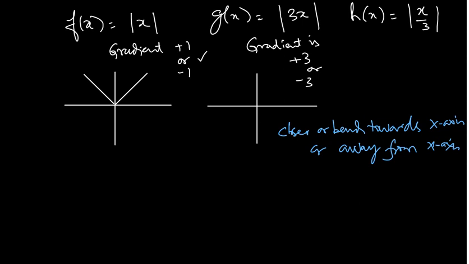So when do we call something steep? When you are going for a trek, when do you say, oh, this is a steep trek, it's really too steep? Yeah, it's very close to vertical, right? It's very close to a vertical line, right?